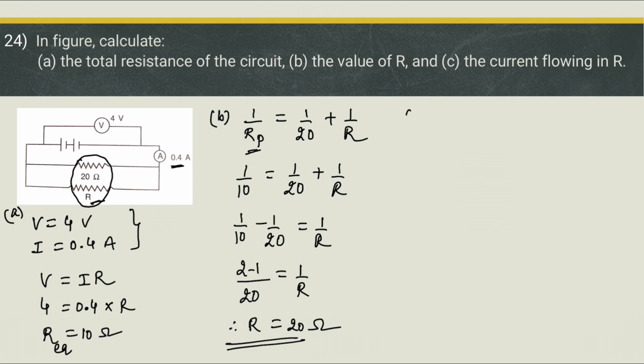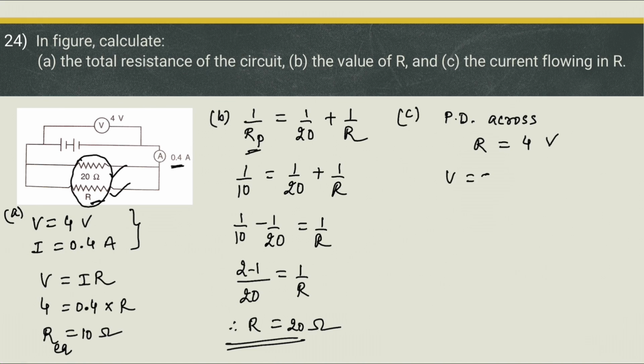And then the current flowing through R. Now since 20 and R are connected in parallel with each other, and that combination is connected directly to the battery, can we conclude that the potential difference across R ohm is the same as the terminal voltage? Yes, we can, 4 volt.